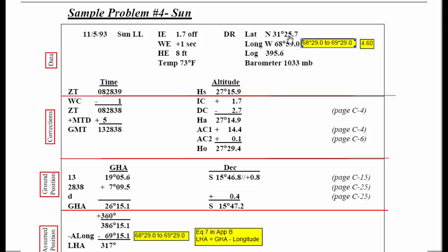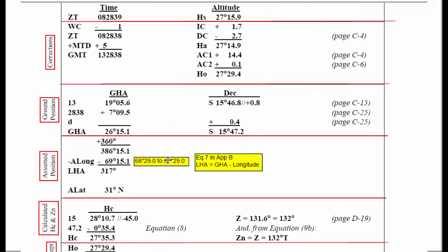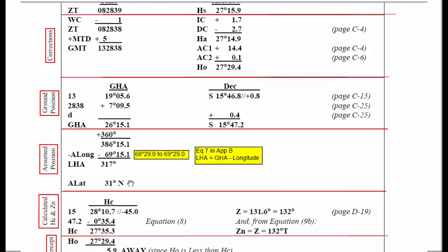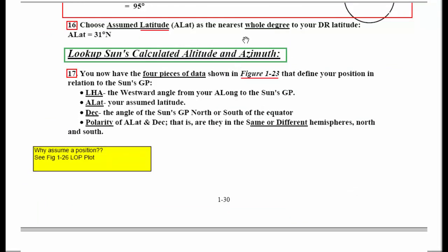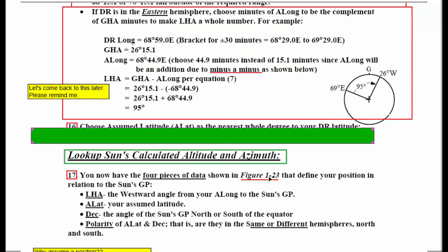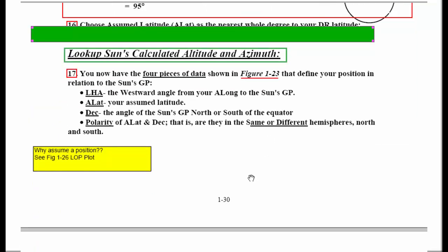So therefore, I'm going to round that down to 31 degrees of latitude. That's shown here. And let's go back to the text for a second.